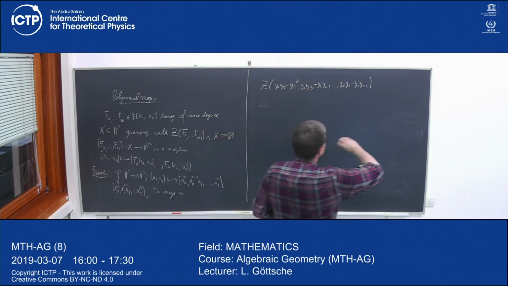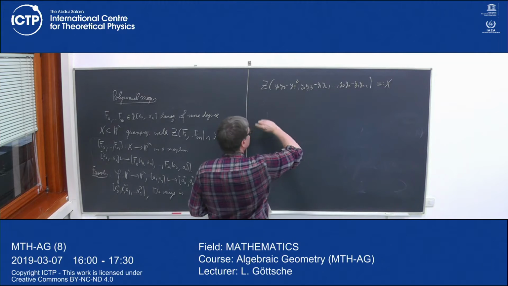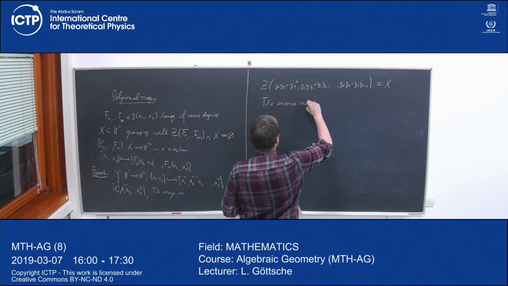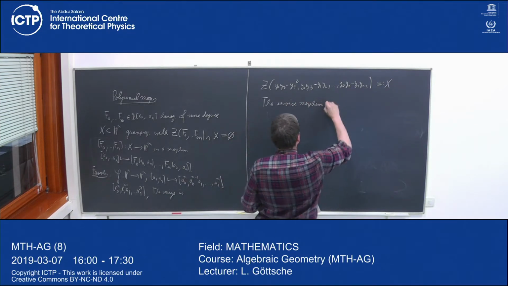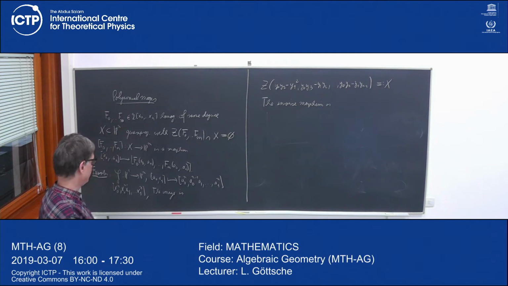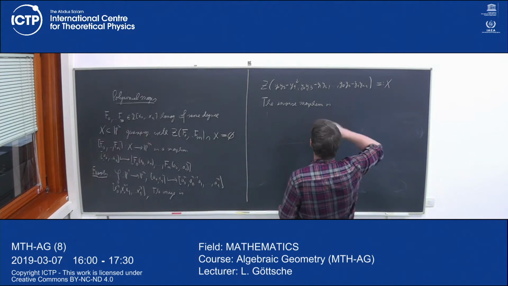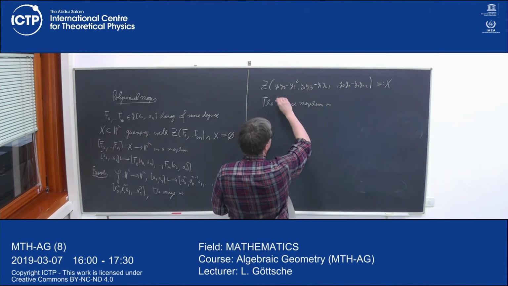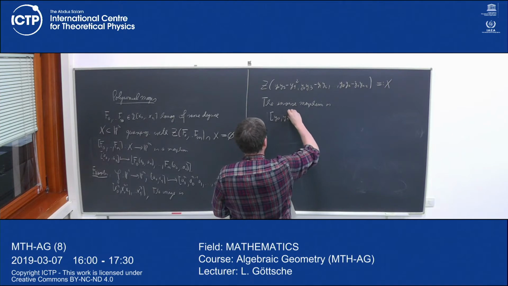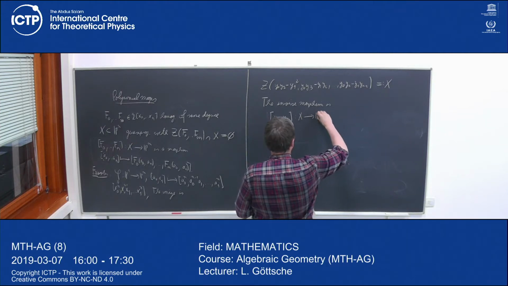So the inverse morphism is just, if I put the coordinates y0 to yn, a map sending y0, y1 restricted to X to P1.